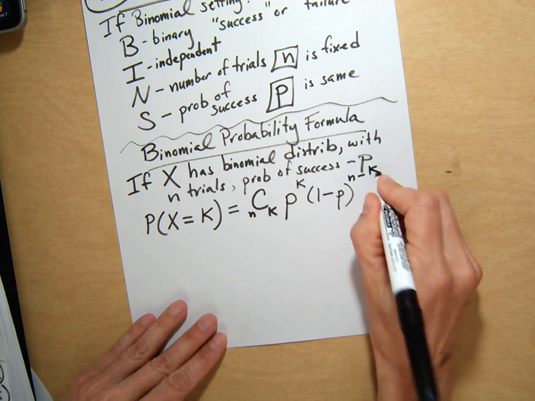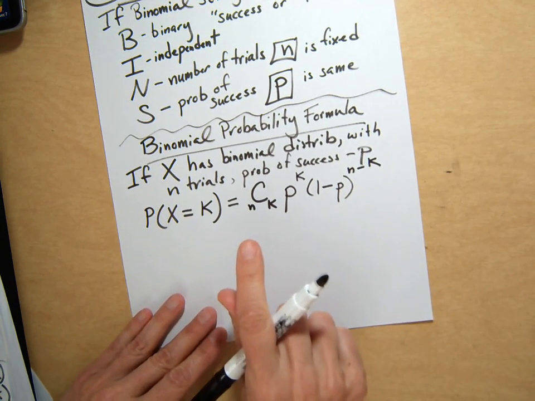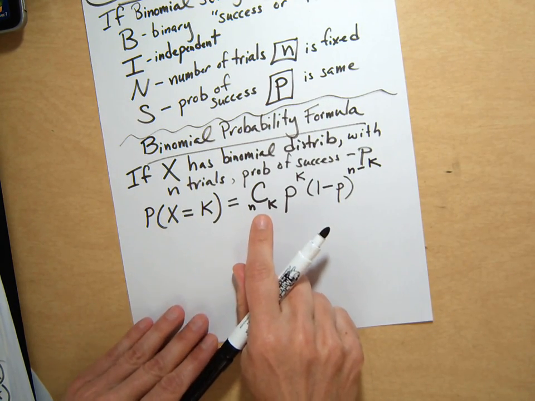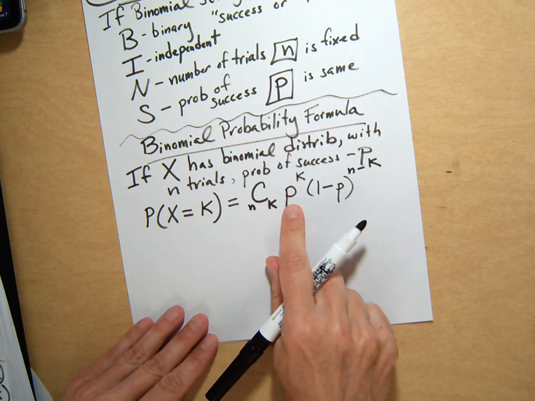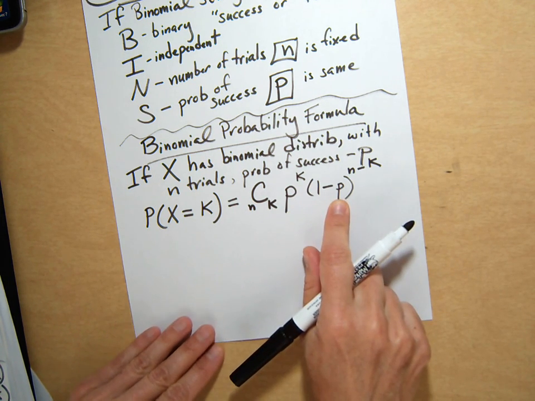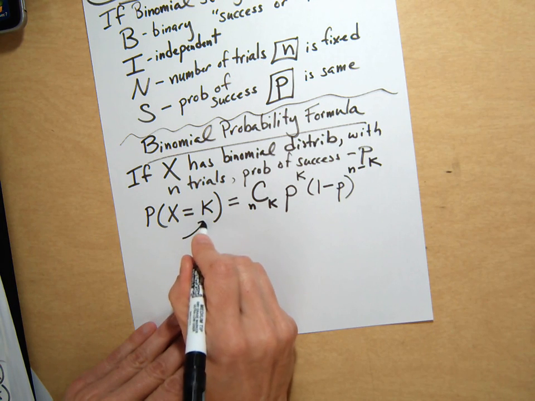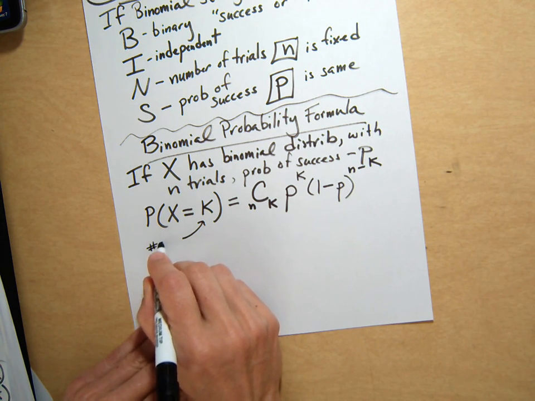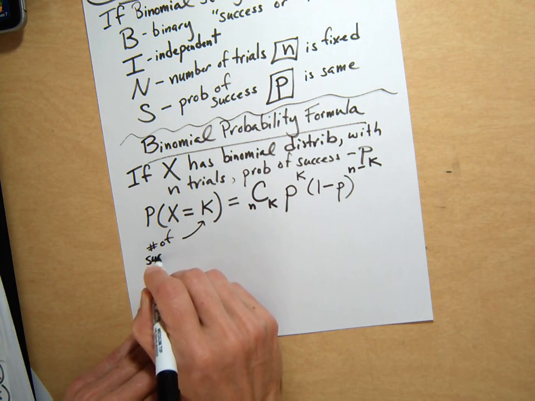That's the number of failures. So you use combinations to figure out the number of ways the outcomes can happen. This is probability of success, probability of failure. Let me just make a note here that k stands for the number of successes.